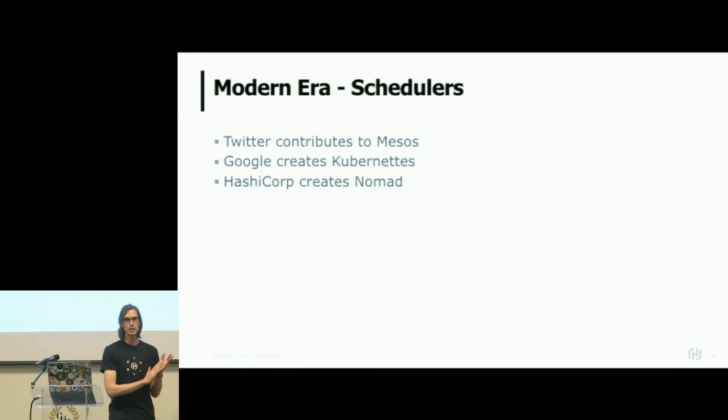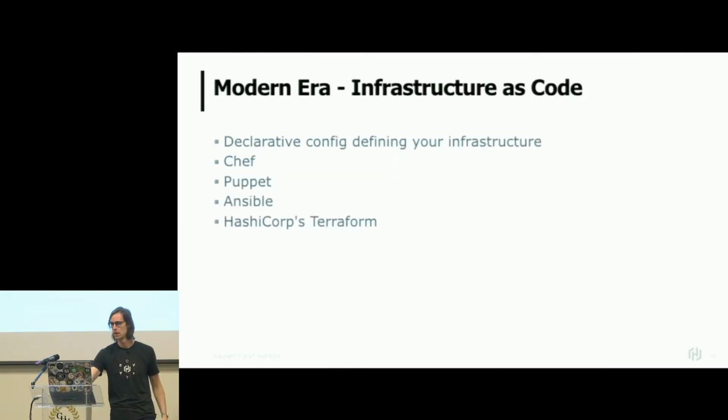We get schedulers. So Twitter put a lot of work into Mesos, which is probably the first production grade scheduler. But at the same time, Google were taking a lot of the learning that they had on their own internal scheduler with Borg and were putting that into Kubernetes. And infrastructure just started to get more complicated.